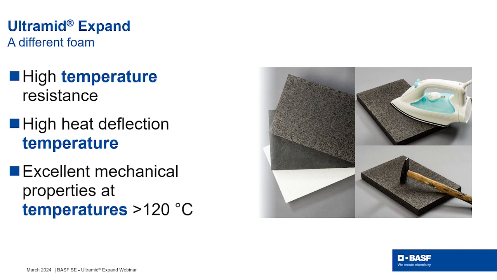In principle, the material is stable in the short run at temperatures over 200 degrees Celsius. We have a high heat deflection temperature, and we have excellent mechanical properties even at temperatures above 120 degrees Celsius.